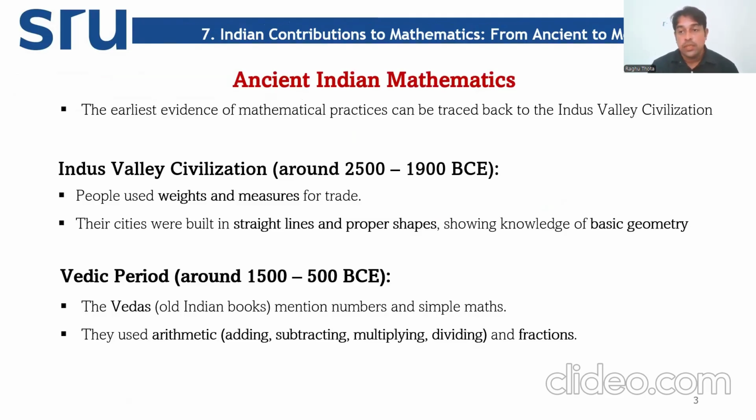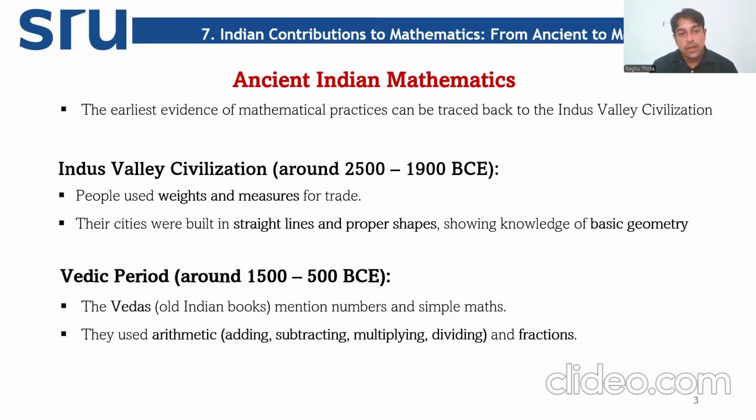You might have heard about the Indus Valley civilization during your school days, especially in social studies or history. In Telugu, we call it Sindhu Nagarikata. The practices of mathematics have been traced from the Indus Valley civilization, which is around 2500 to 1900 BC.